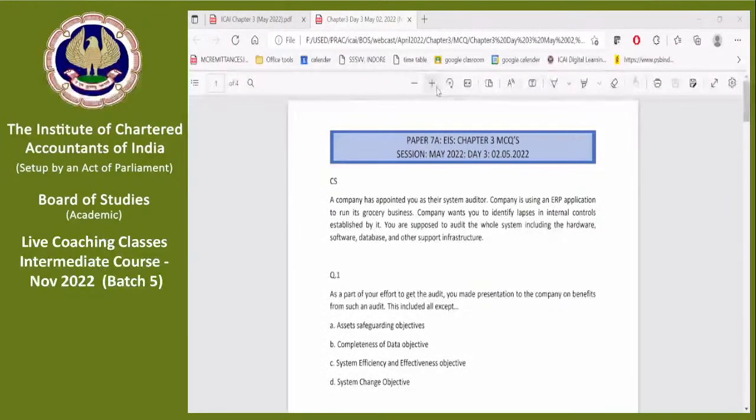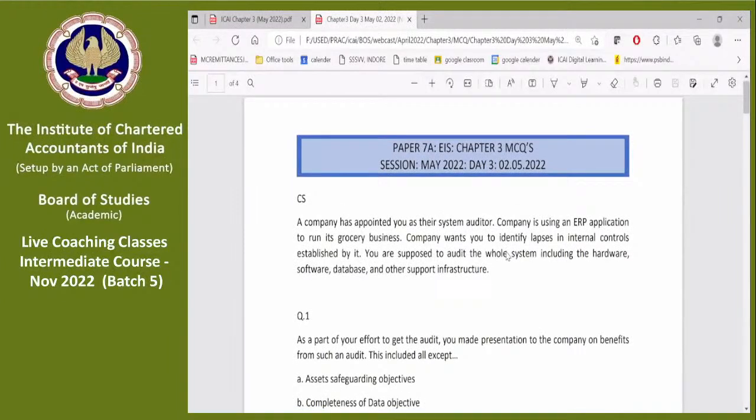Here's the MCQ for the day. So I'll request you to start answering.